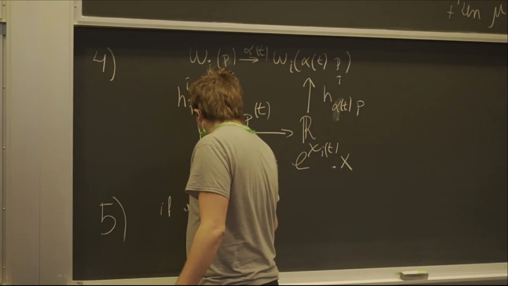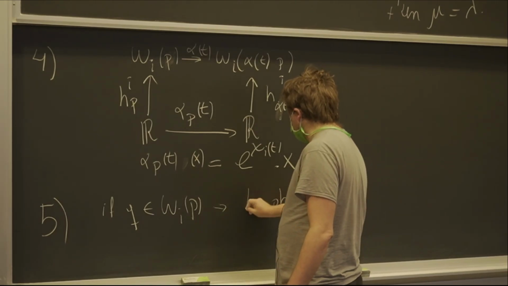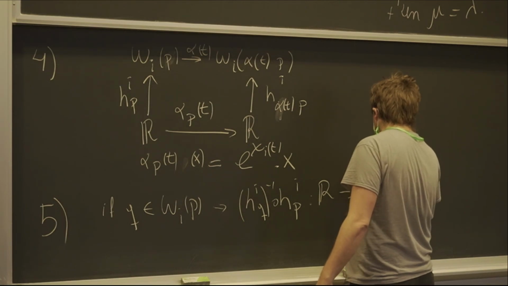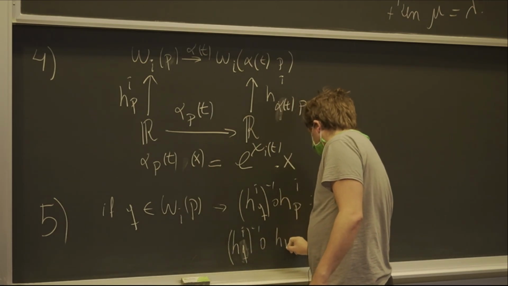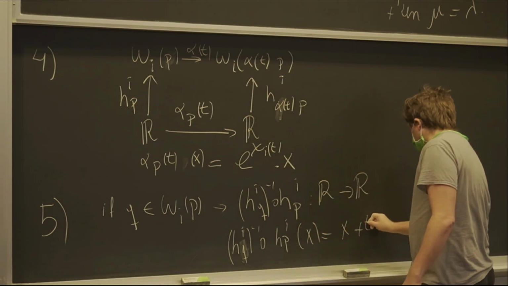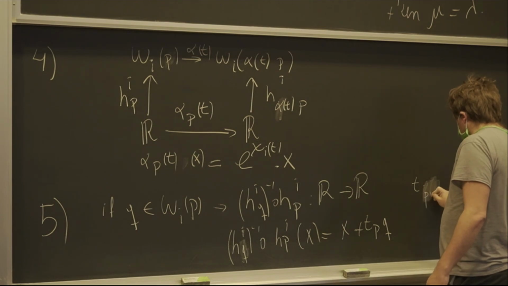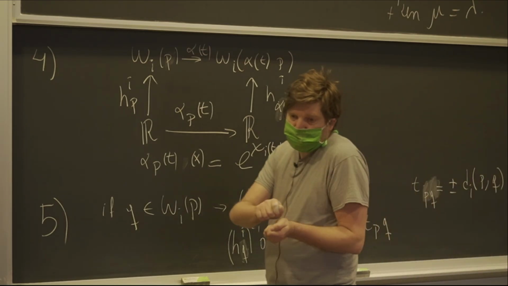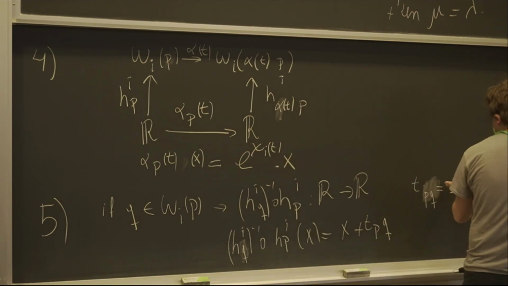So if Q belongs to Wi of P, then if I do HPI composed with HQI inverse, so I look at this change of coordinates from R to R, this composed with HPI at X is X plus TPQ, where TPQ is plus or minus, depending on how things are working, the distance along the I direction from P to Q. So it's just translating from P to Q. The fact that this is really the distance is not so relevant.